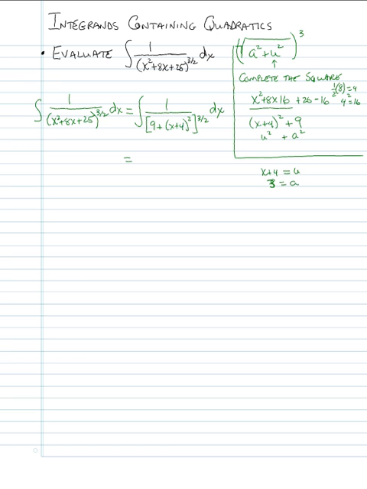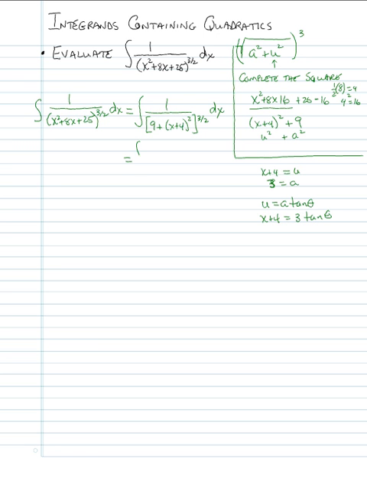And so if we do this by prescription, then we replace u with a times, because we have a plus, this is a tangent substitution, a tangent of theta. But of course, u is x plus 4, and a is 3. So in the place of x plus 4, we're going to put a 3 tangent theta.